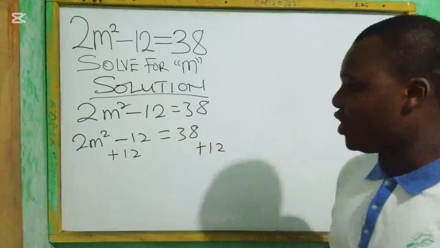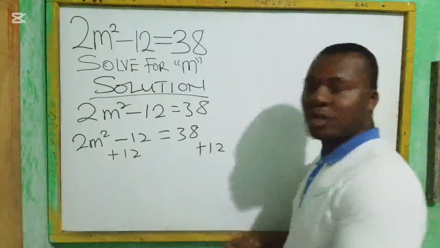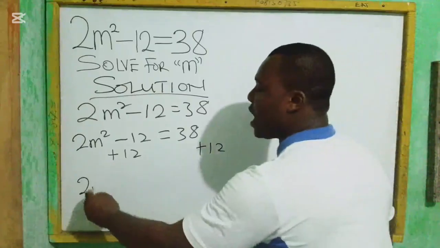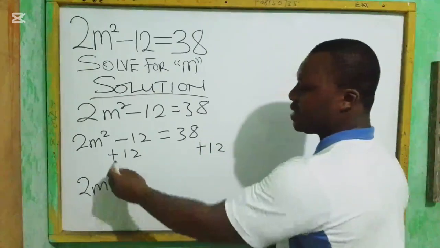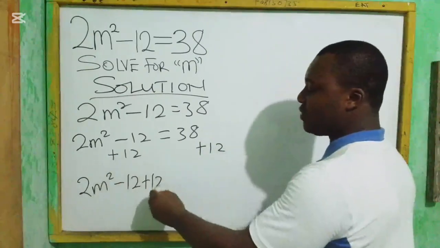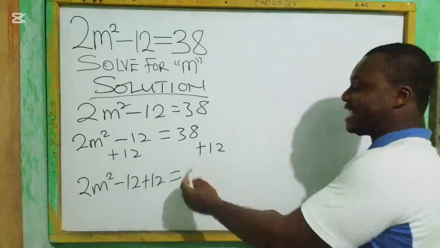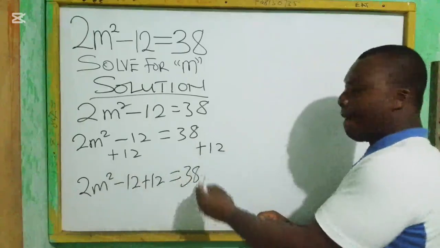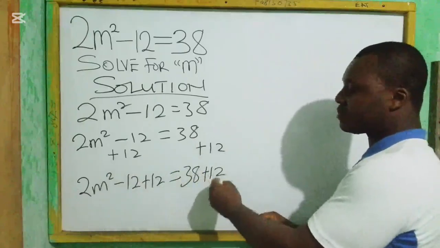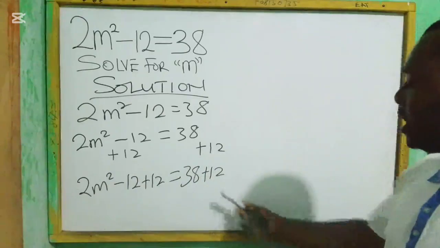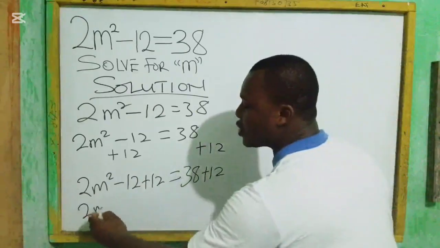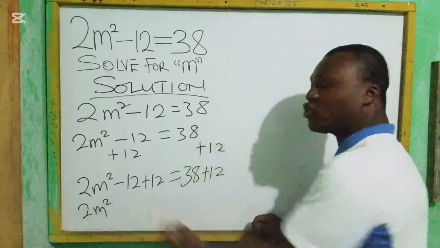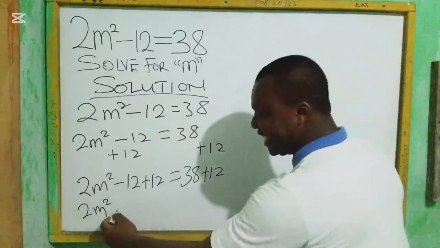If we want to rewrite here fully, we are going to have 2m squared minus 12, then plus 12 equal to 38 plus 12. So if we want to restate it, we are going to have 2m squared, minus 12 plus 12 is what? 0.